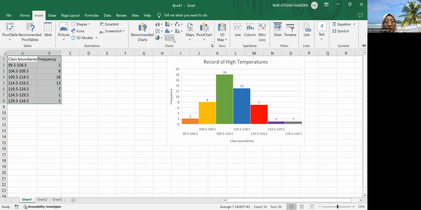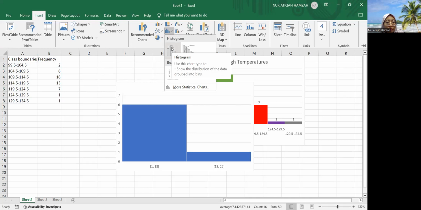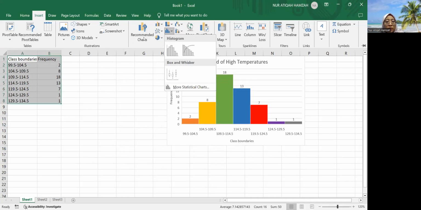So boleh ambil histogram, dan daripada situ nanti awak boleh sesuaikan dengan awak punya data tersebut.